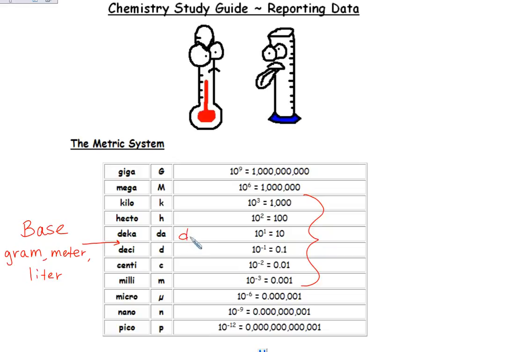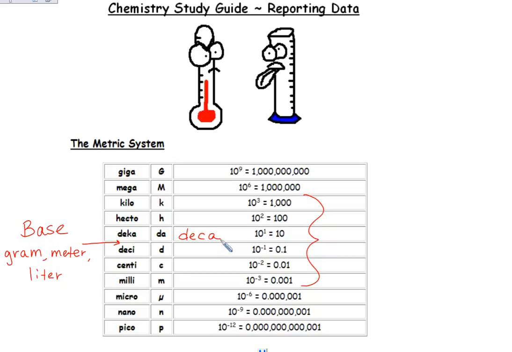It could also be D-E-C-A. Either is totally acceptable. And here's how I remember them. Look at the little ones: deci, centi, milli. Deci is 1/10. Centi is 100th. Milli is 1,000th. All the little ones end in I. So that's kind of how I remember it.